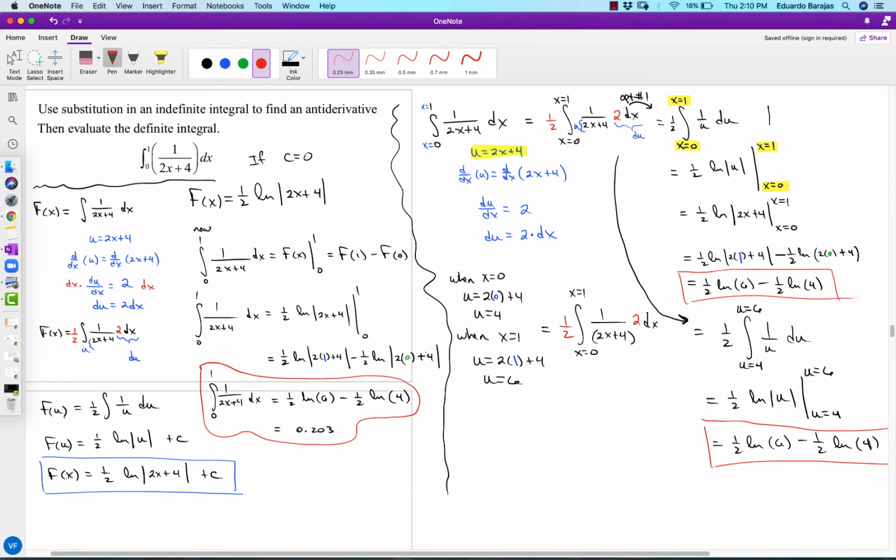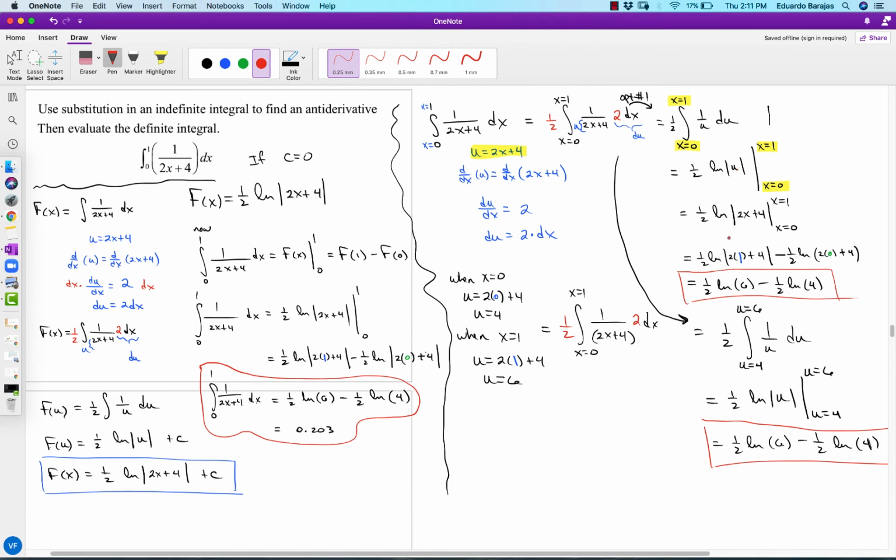We keep our limits of integration in the variable x. So then we find our antiderivative in terms of u, and then we have to resubstitute u back in terms of x so that we can evaluate our function with respect to x. Right? So just be careful that if you do a u substitution and you don't change the limits, you can't just plug in x equals 1 into here.